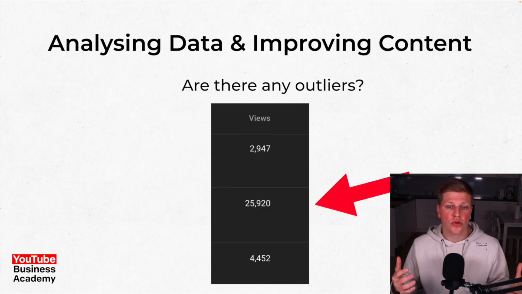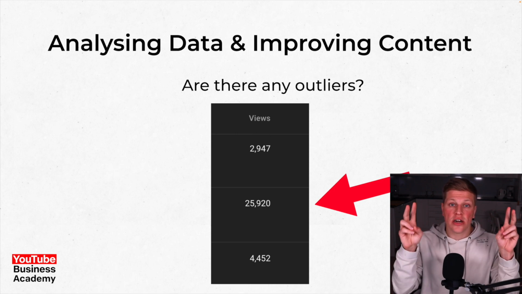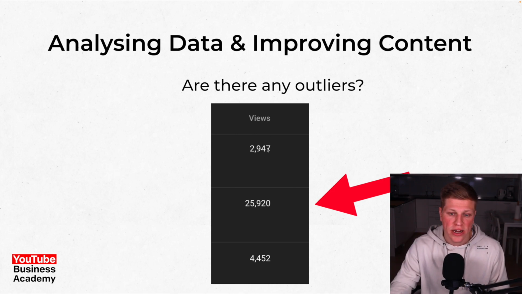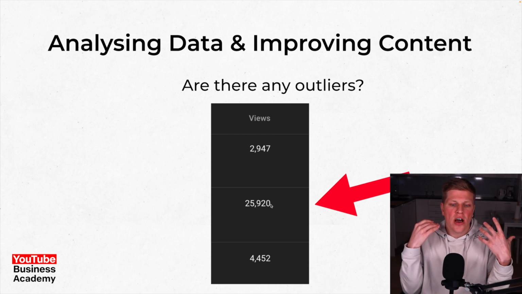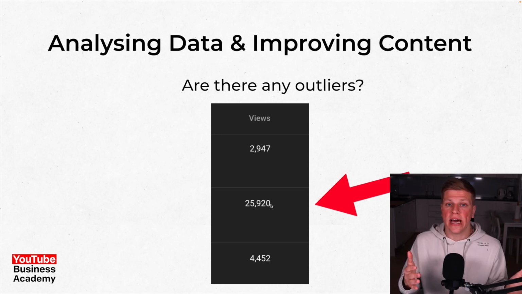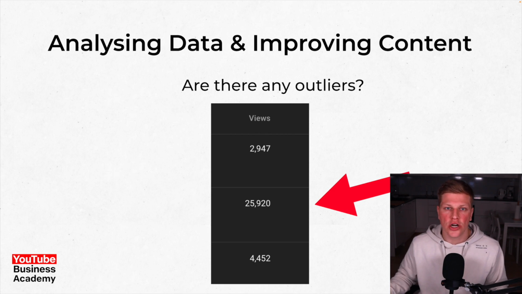Once you have a little bit more data, you want to look at the videos that are the outliers. For example, you can see right here, this video got 2.9K views, this one got 4.4K views, and this one got almost 26,000 views. So you can see that this is an outlier among these 3 videos. You want to look at this video and ask yourself, okay, why did this video get significantly more views than others? Was it the title?